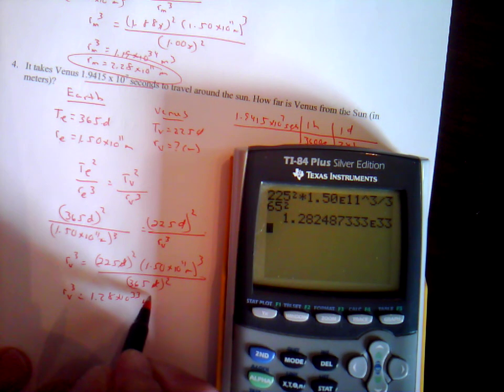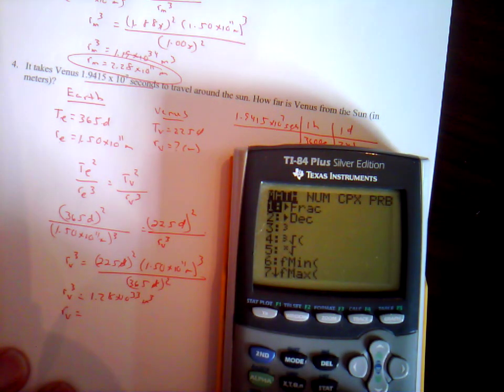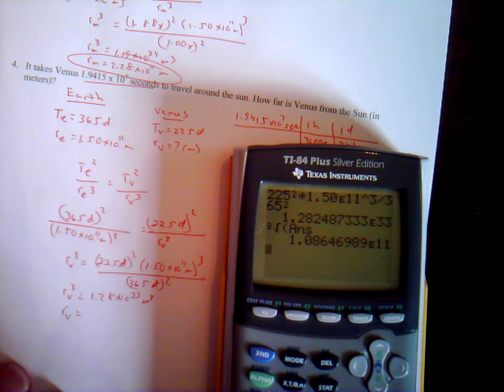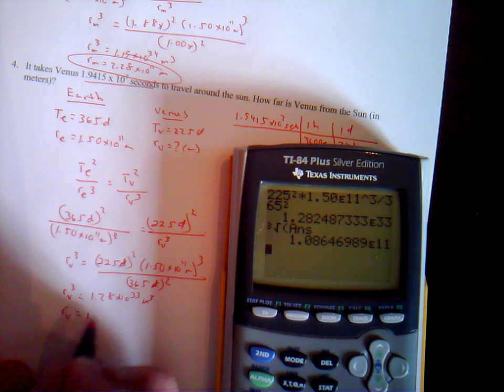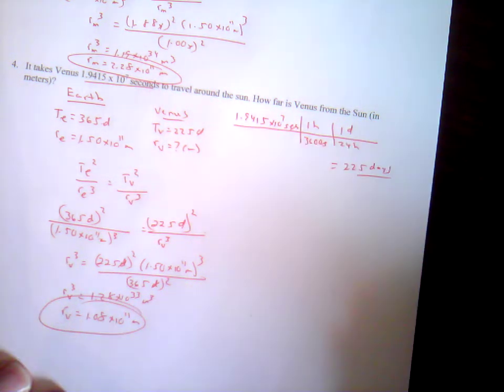It's going to be meters cubed. I take the cube root of that, and I get 1.08 times 10 to the 11th meters for the orbital radius of Venus.